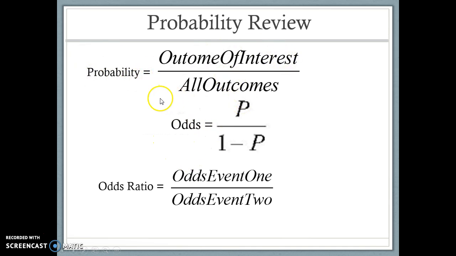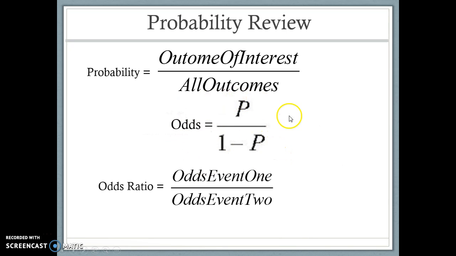And then we can also calculate the odds, which is simply the probability of one occurrence happening over the probability of the occurrence not happening. So if I want to see the odds of developing disease, I'm going to see the probability of developing the disease over the probability of not developing the disease. Remember that 1 minus the probability of something happening is the probability of it not happening.